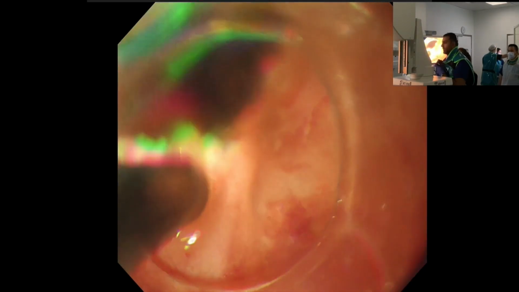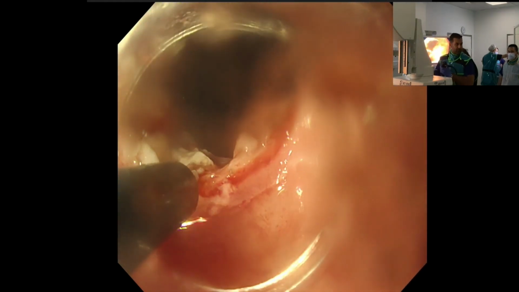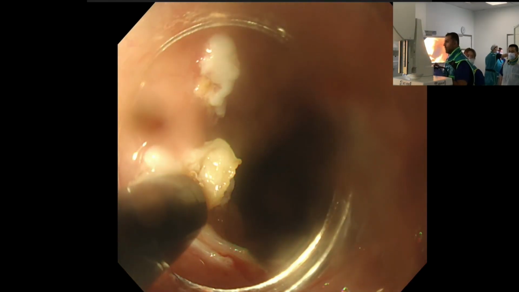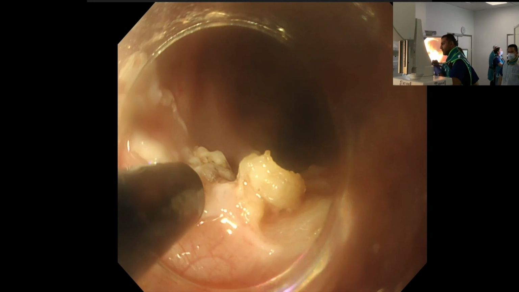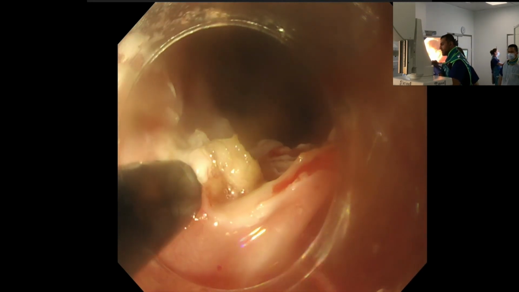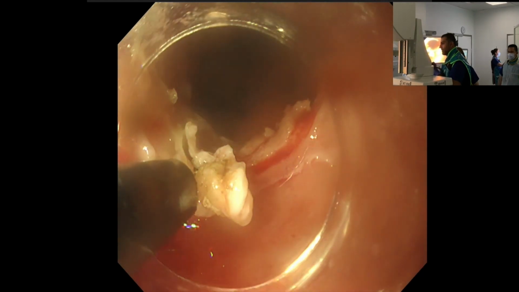So I'm using here the Myo3 and Endocut Q on effect 1 to get quite a swift current because you don't want any delayed transmitted heat, and then you can begin to see the muscle beginning to appear underneath. Just there. Right, let's see how we're doing here.